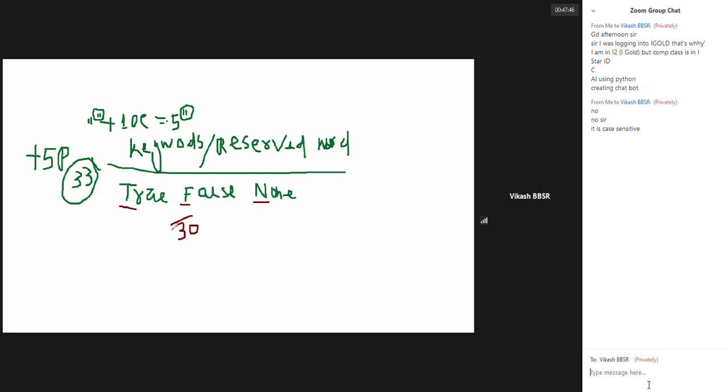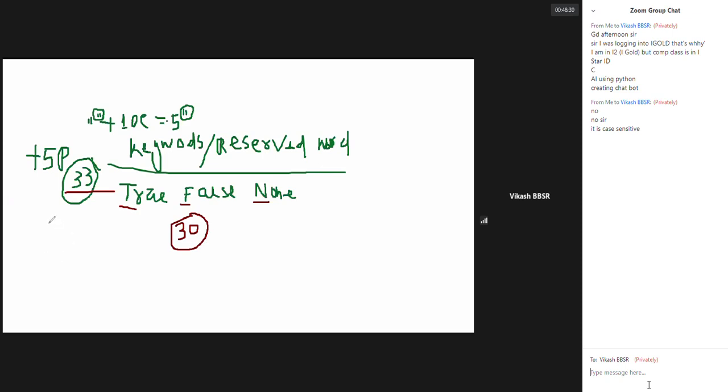Whether they are all lower, all upper, or a mix of upper and lower? Very good, lowercase. So there are 30 keywords, all in lowercase.